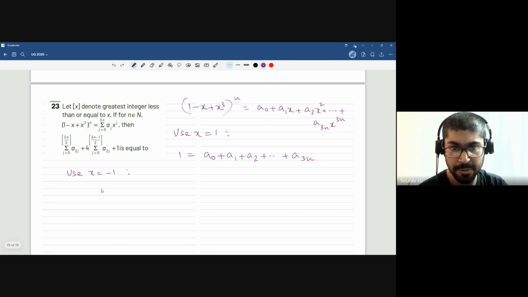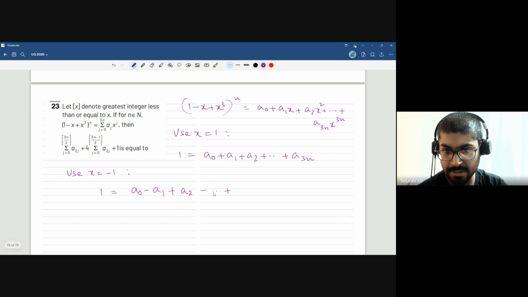So this will be equal to a0 minus a1 plus a2 and so on. And what will be a3n? We have no idea, so I can just write dot dot dot. It will be minus because the next term is minus, dot dot dot plus -1 to the power 3n, a3n, because it keeps on repeating. So if it keeps on repeating, then we can just add them.